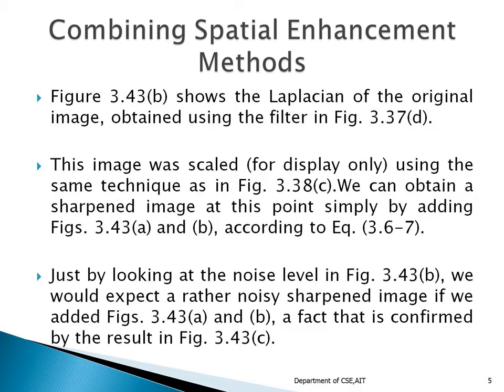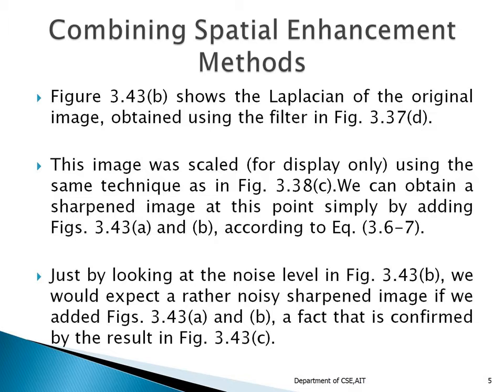Figure B shows the Laplacian of the original image. So after applying the Laplacian filter, I get this image. This image is scaled by using the same technique as in figure C, that means the previous equation.